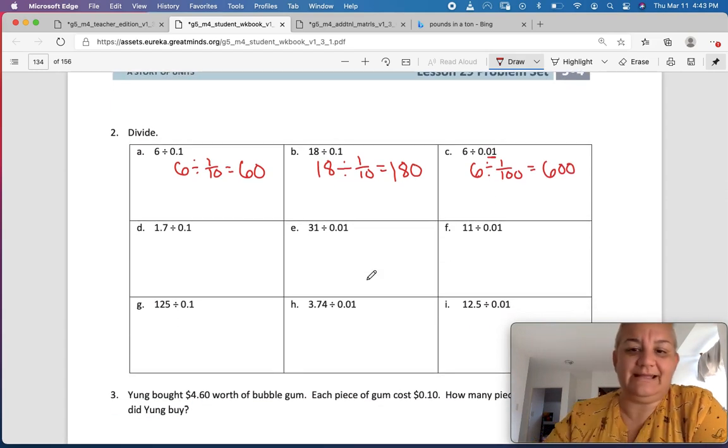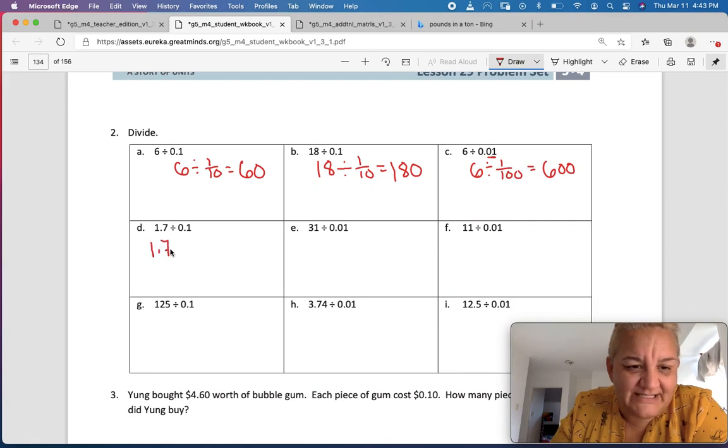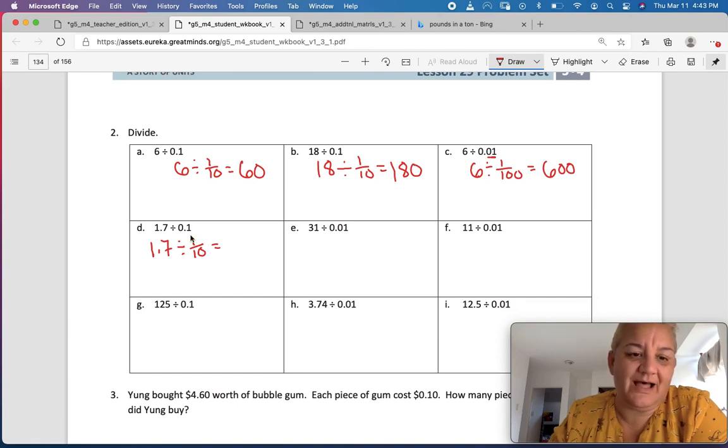Okay, all right, now we're getting into some decimals here. 1 7/10 divided by 1/10 would equal, well, how many times does a tenth go into 1 whole? 10 times. How many times does it go into 7/10? 7 times. So 10 plus 7 is 17. Is that right?